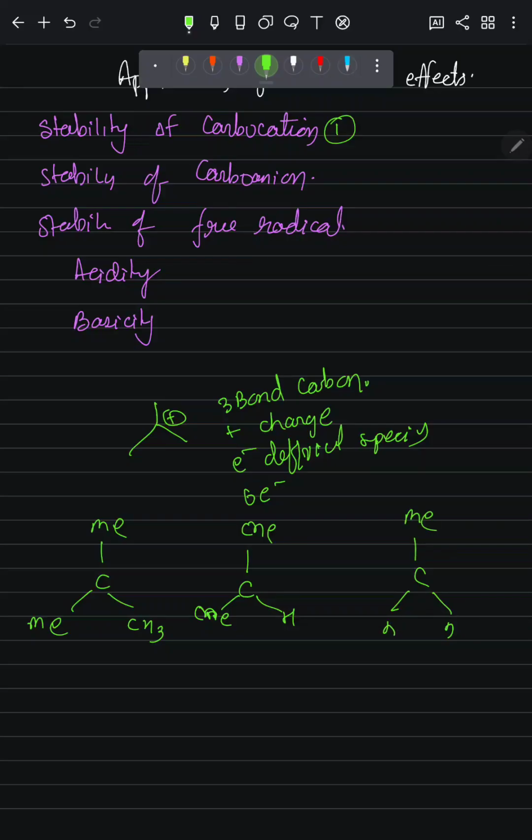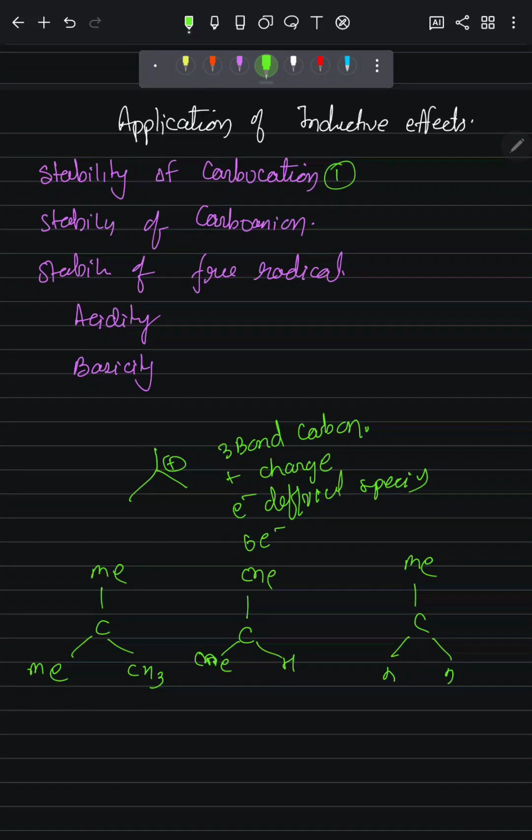As we know, who will show the most inductive effect? So we know that the methyl group will donate electrons to this carbocation. So here 3 groups are donating and making this stable.